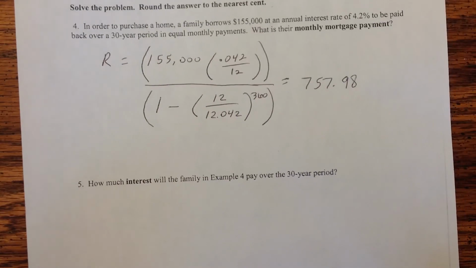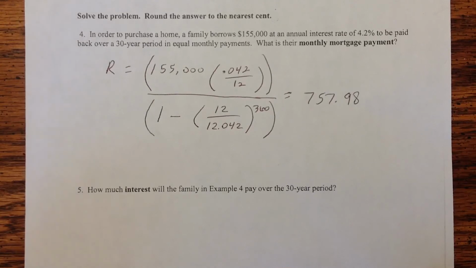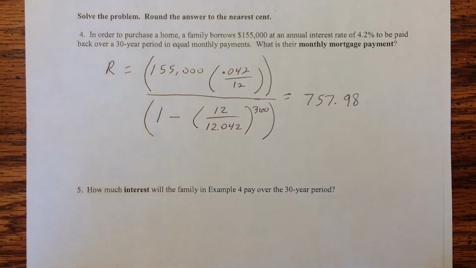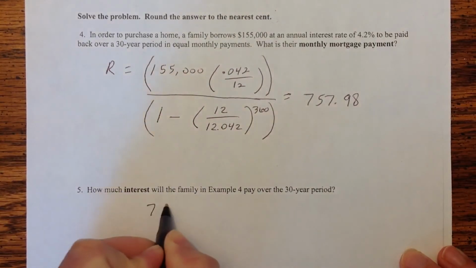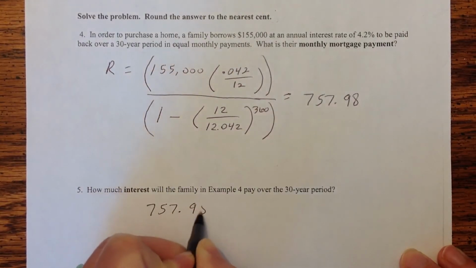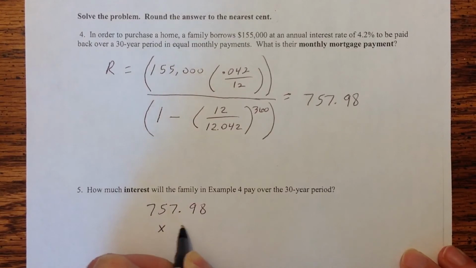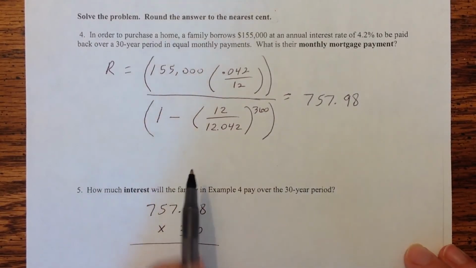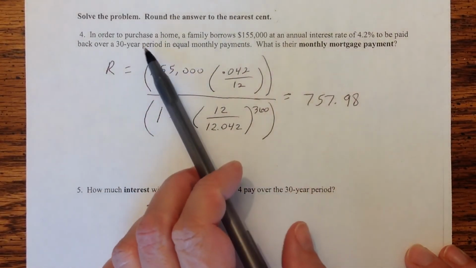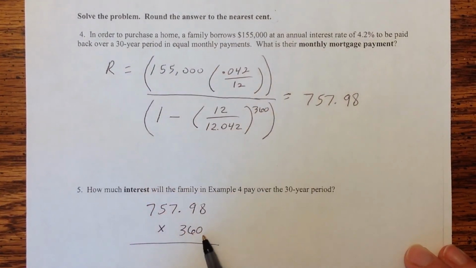Now it wants to know how much interest will the family pay, for example, 4. Well, we do that like we just did the one on the page before. We take the payment, $757.98, and we multiply by 360 because they have a 30-year loan, so they're making 12 payments a year for 30 years. When you multiply this, you get $272,872.80.